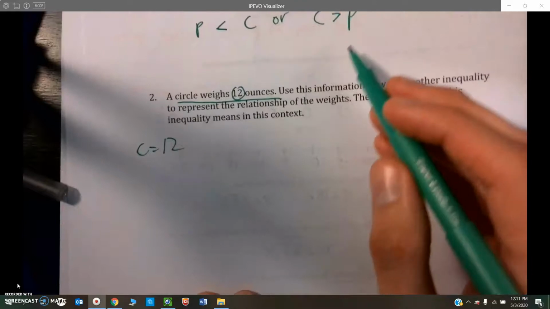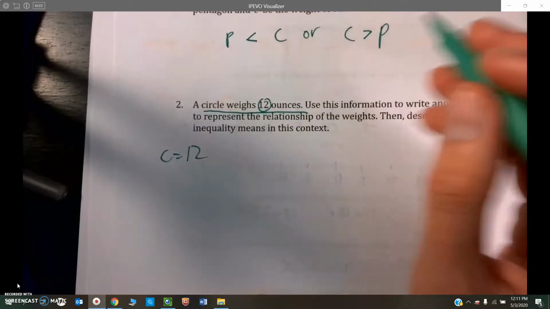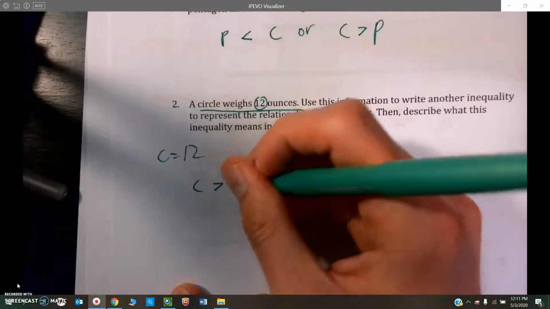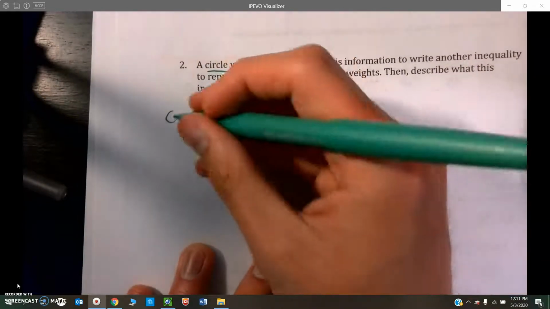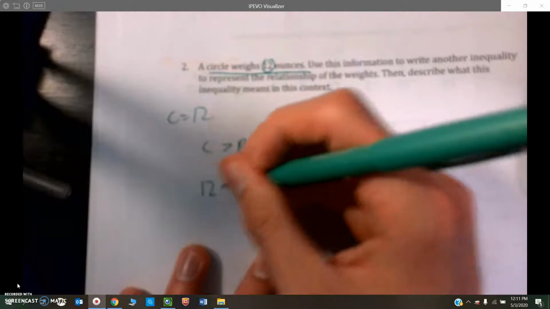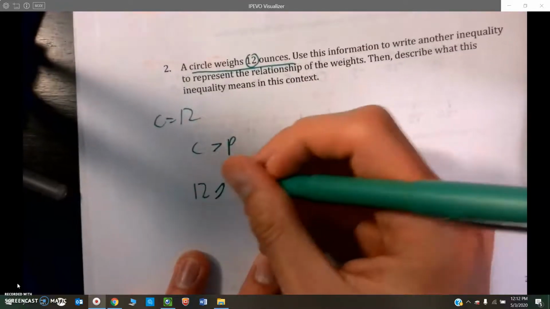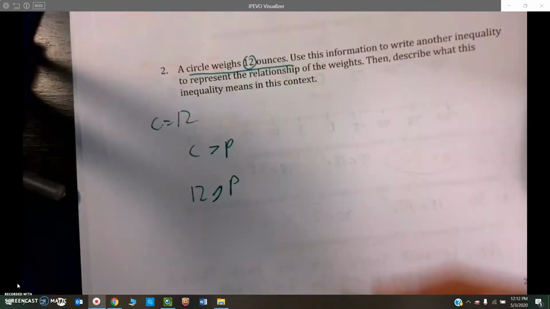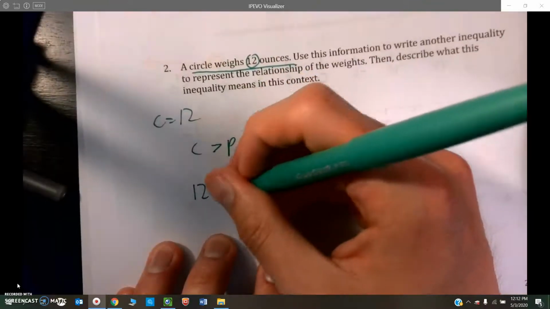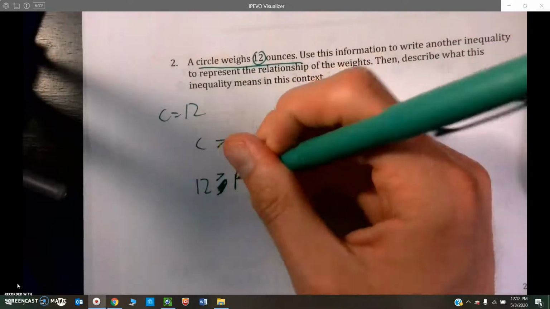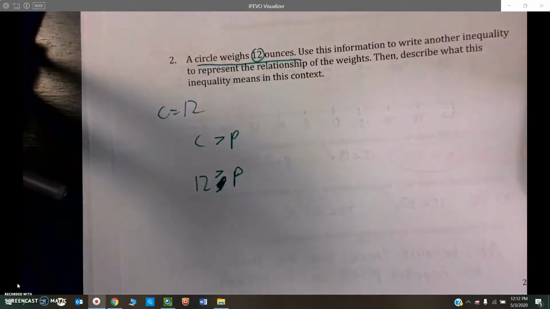So, I can just take this here, and I'm going to, so C is greater than P, I'll use this one, and I'm going to substitute in this value. Sorry, I kind of started to write it the other way. There we go. So that means 12 is greater than the weight of the pentagon.